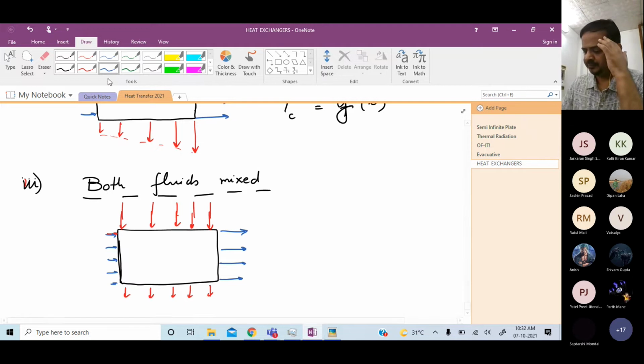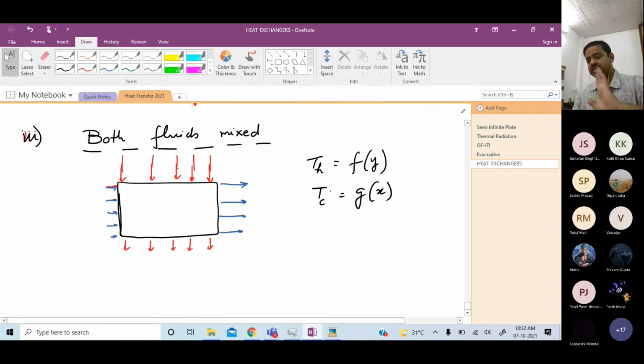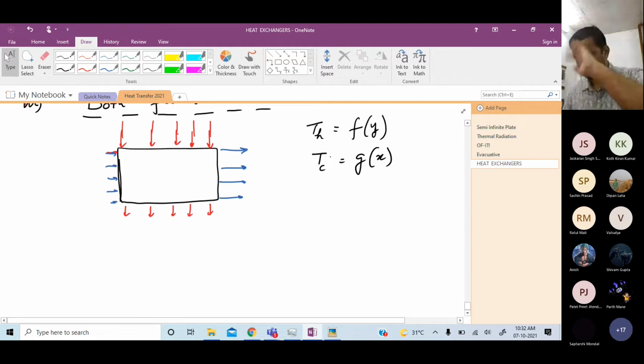So here, TH is only a function of y, and TC is only a function of x. The integration remains the same, that 1 over WL delta Tm is equal to 1 over WL the double integral, etc. That expression holds true for all these cases.